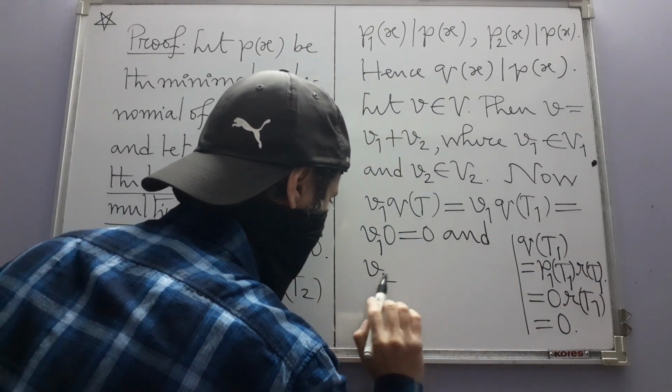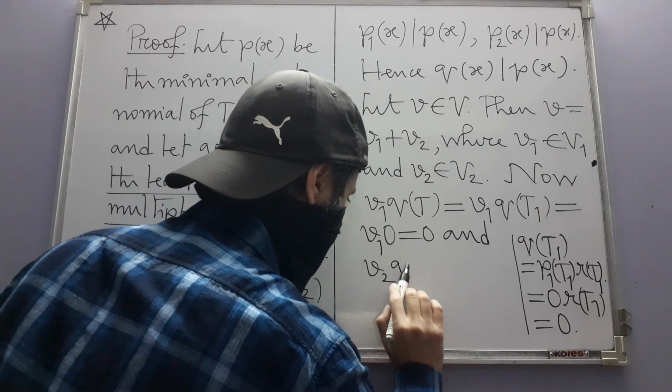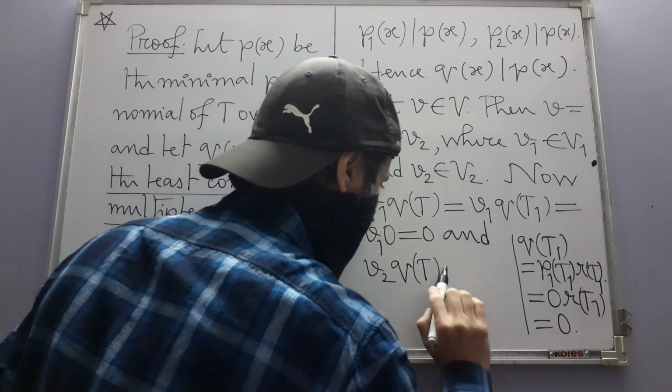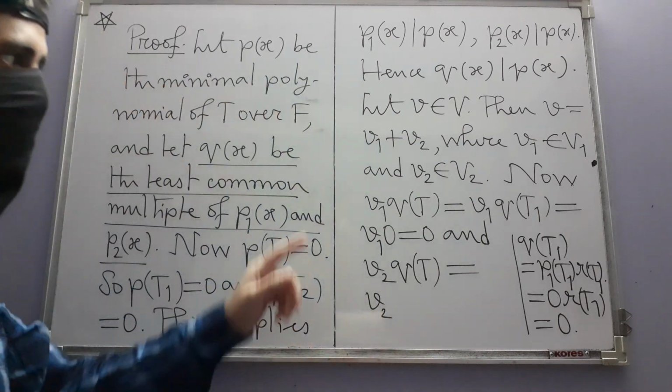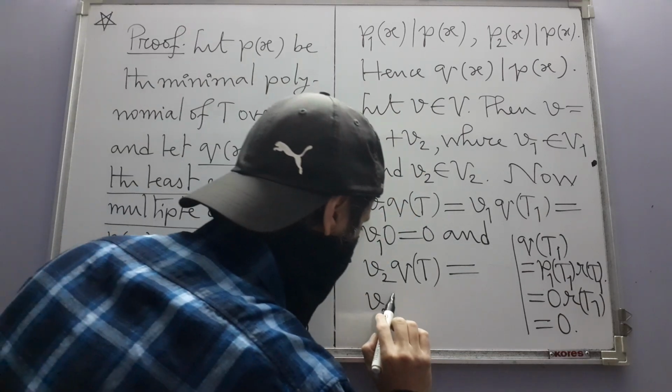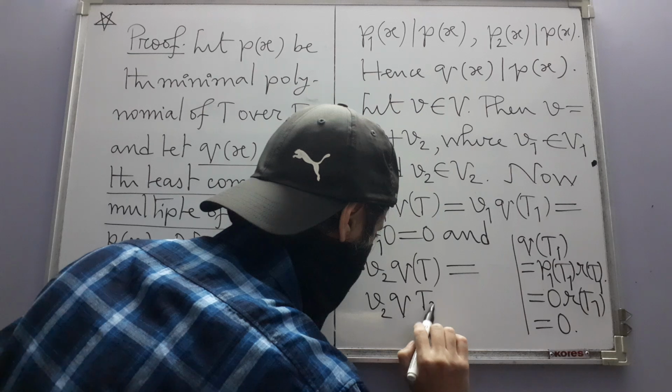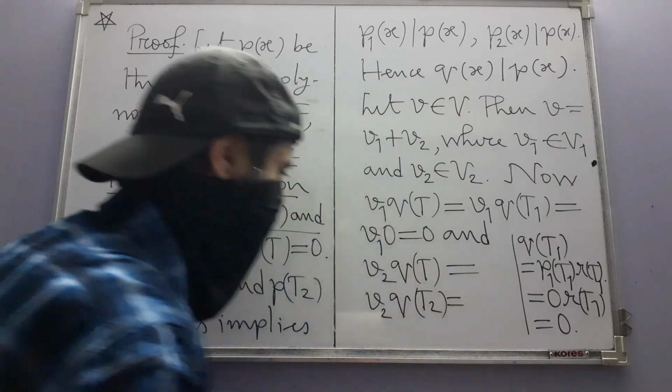Similarly, if we calculate this, then because this time v2 is coming from V2, this is q of t2.